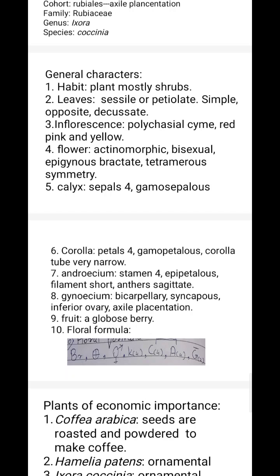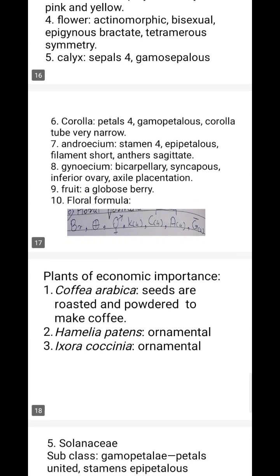Then calyx has 4 sepals. All these sepals are gamosepalous, that means all the sepals are united. Corolla is also in 4 numbers and gamopetalous, and they form a narrow tube-like structure. Androecium is also 4 in number, attached to the petals, that is epipetalous.